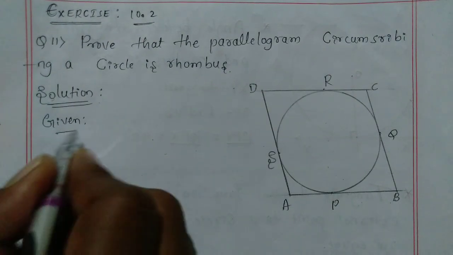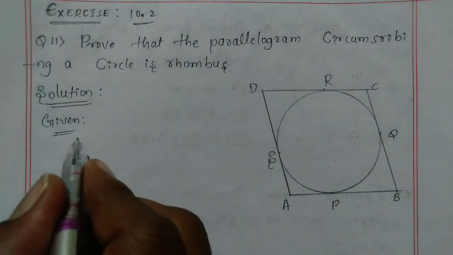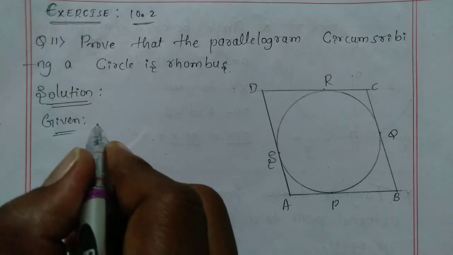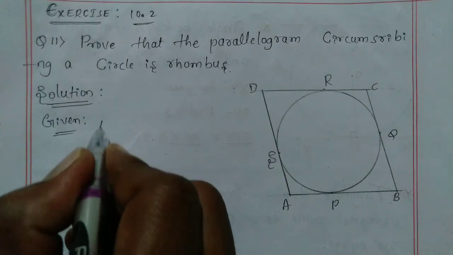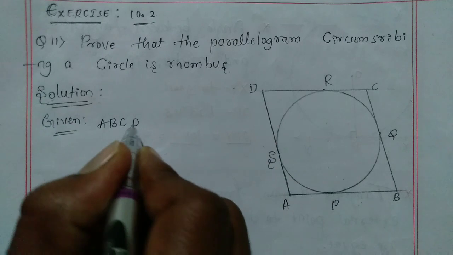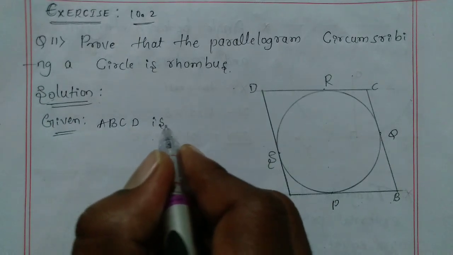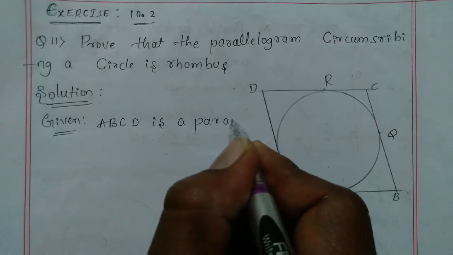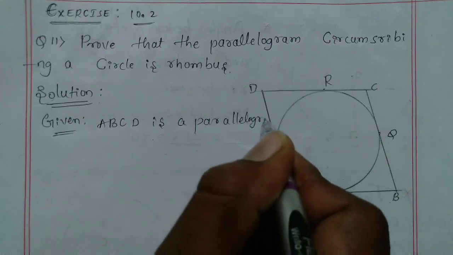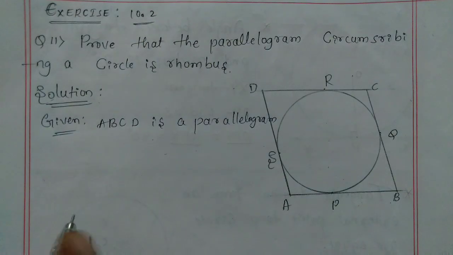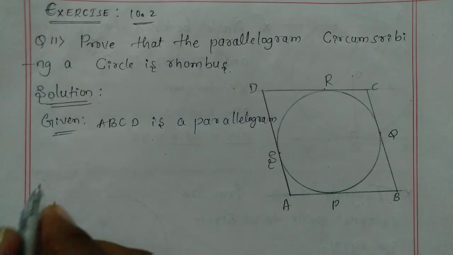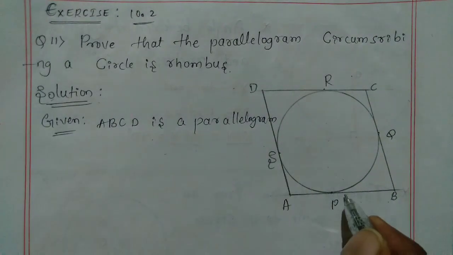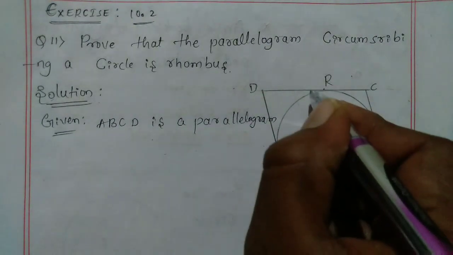Okay, so what is given here? ABCD is parallelogram. So I'll write here ABCD is a parallelogram. Okay, so next, if ABCD is parallelogram, then opposite sides are equal.